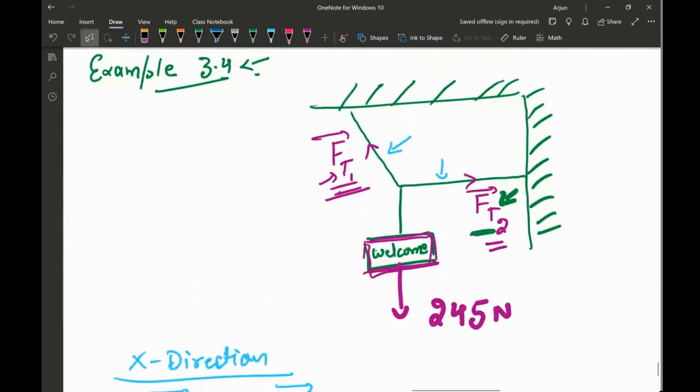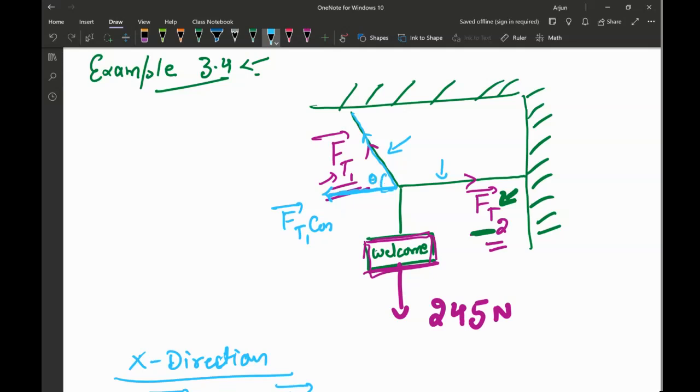Is there any other force acting in the x direction? Yes, there is one, which is the component of Ft1. If this is the actual force, the component in the x direction will be Ft1 cos of angle theta.